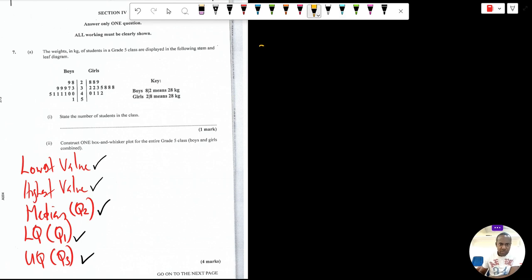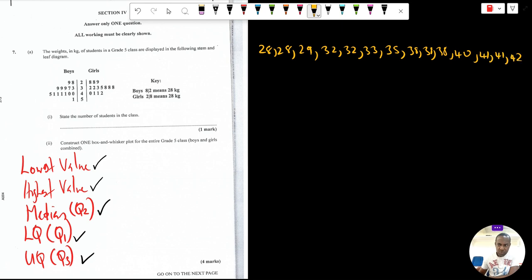The girls' weights are 28, 28, 29, 32, 32, 33, 35, 38, 38, and then we have 40, 41, 41, and then a 42.